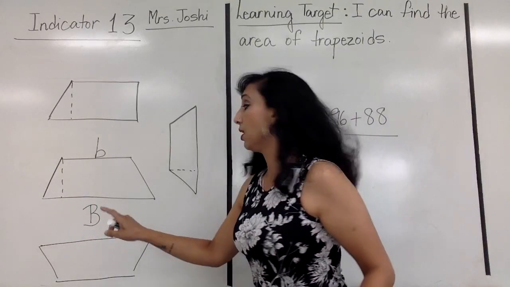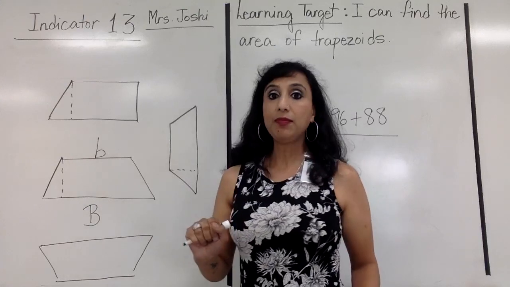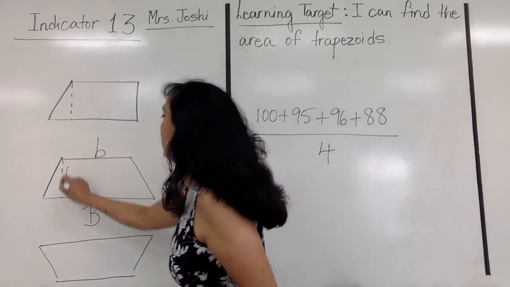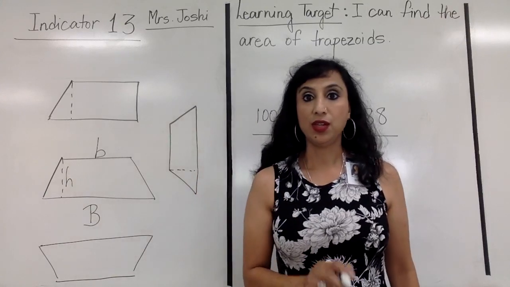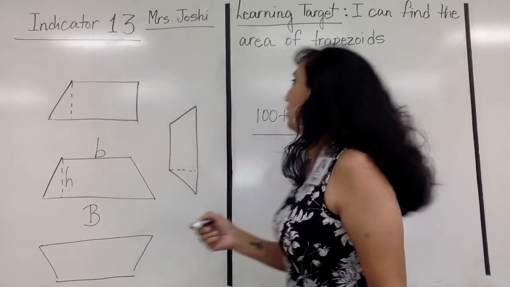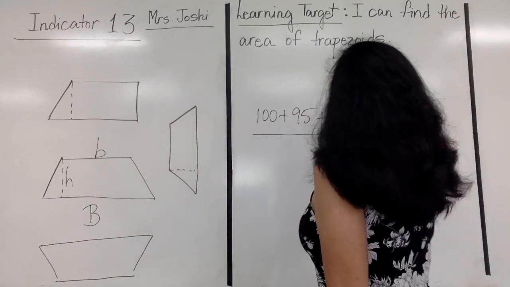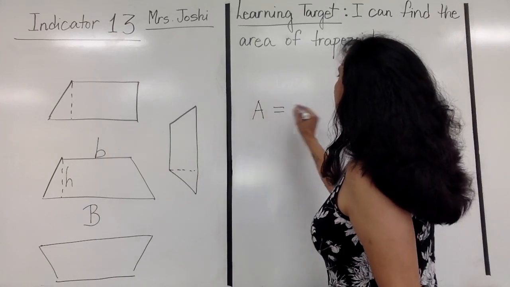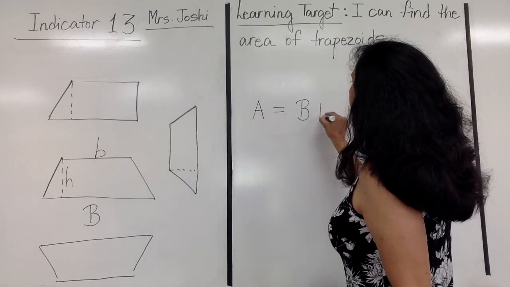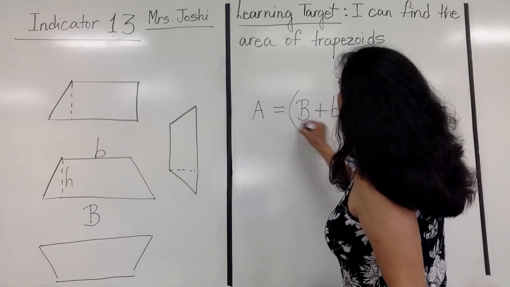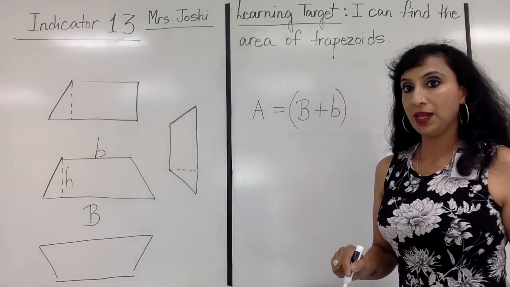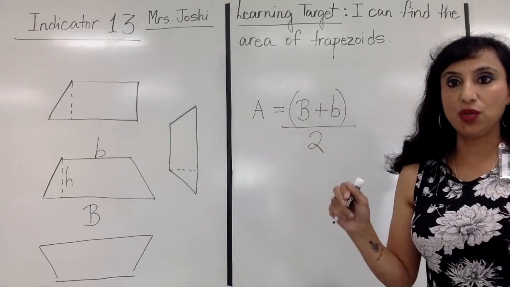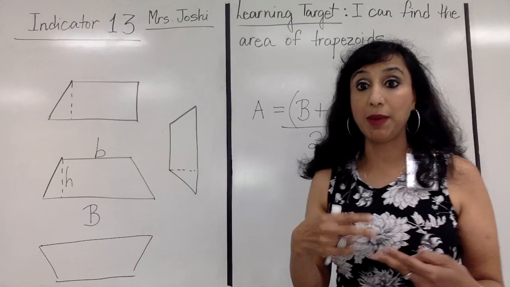Because look, this plus this, and then I divide by 2, and then I do times this height. So as simple as that. So the area of a trapezoid, you're basically finding big base plus little base, okay, average of these two. That's why, because there are two bases, we have to divide by 2.